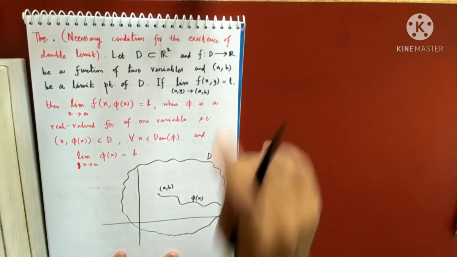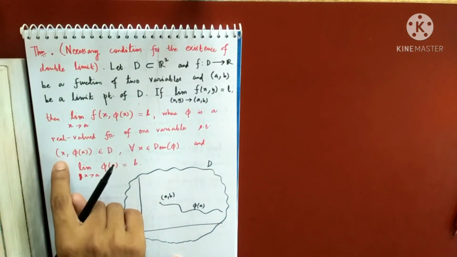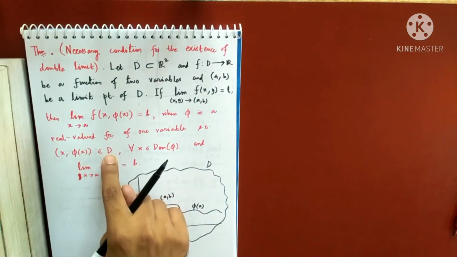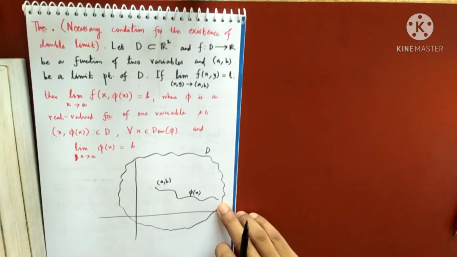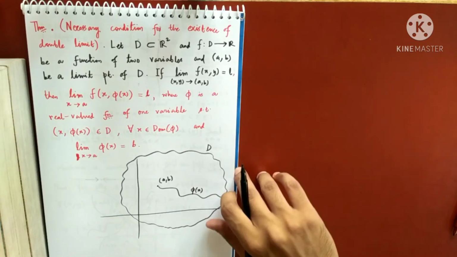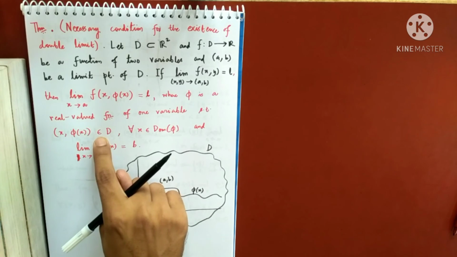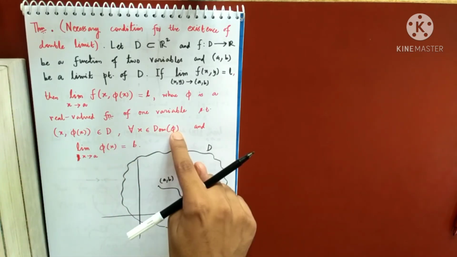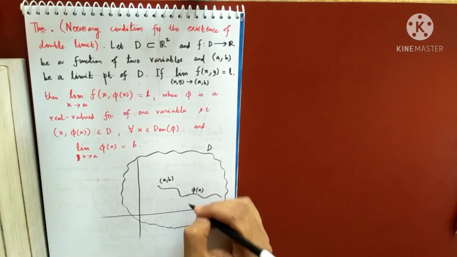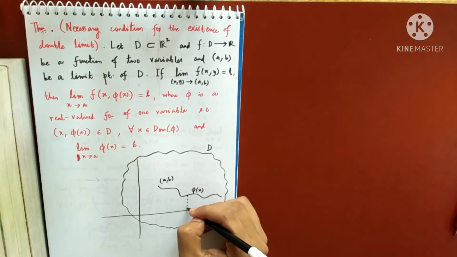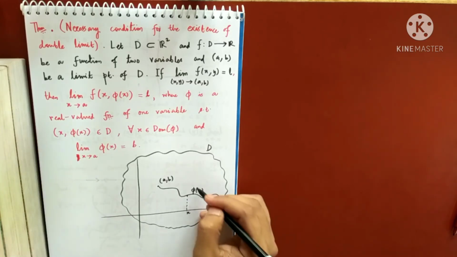This phi is a real valued function of one variable such that (x, phi x) belongs to the domain for all x in the domain of phi. Remember that I cannot take this curve outside D. So (x, phi x) is inside the domain for all x inside the domain of phi. That means this x is in the domain of the function phi.